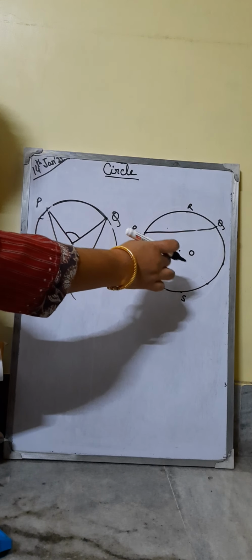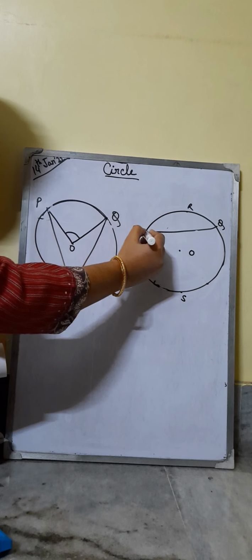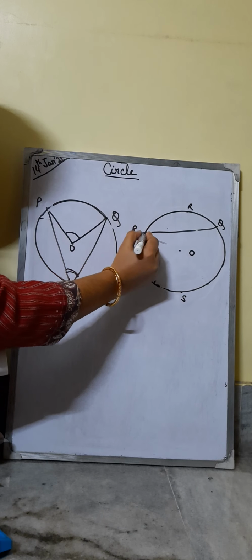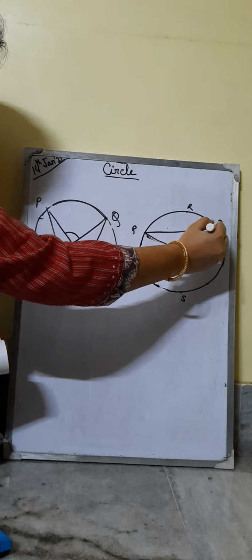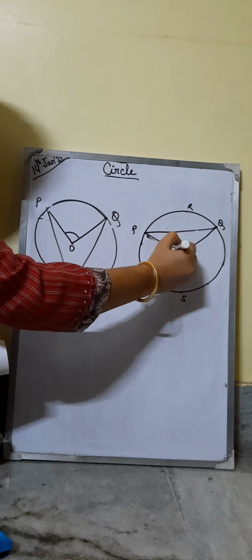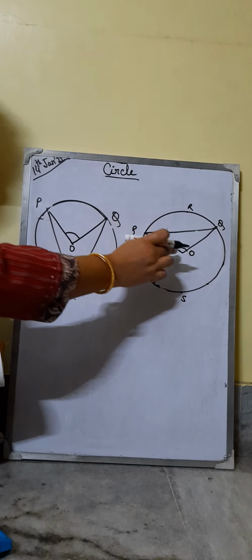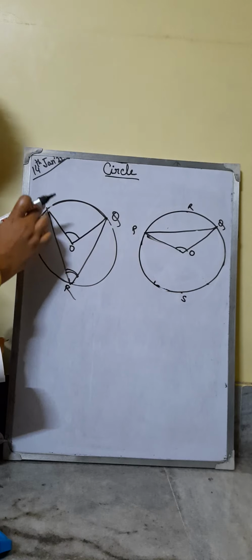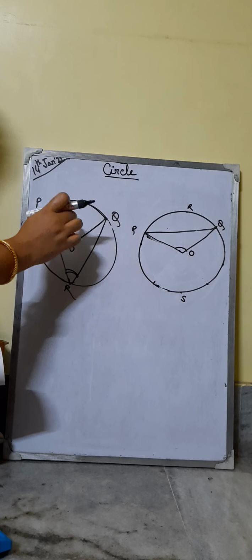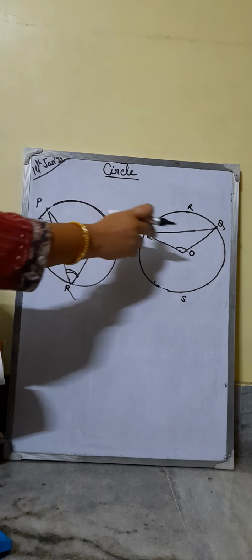Now you have to join OP and OQ. Here this angle is made. So angle POQ is called the angle subtended by the chord PQ at the center O. This angle is made by the chord, and this angle is made by the radii.